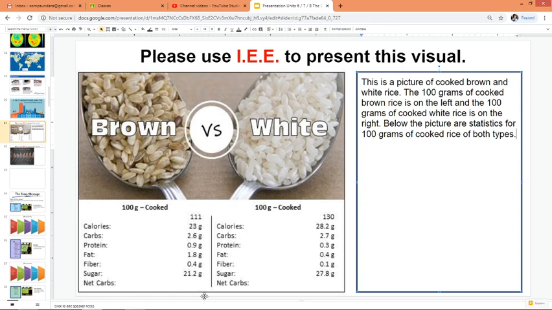Below the picture are statistics for 100 grams of cooked rice of both types. So you've explained the picture.